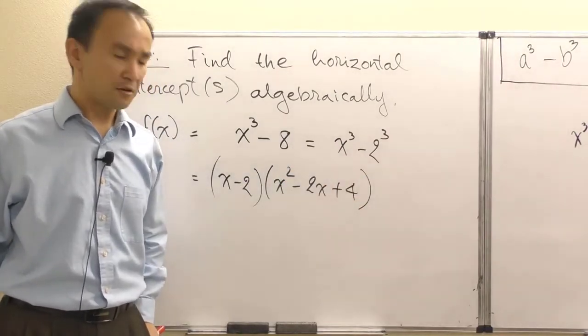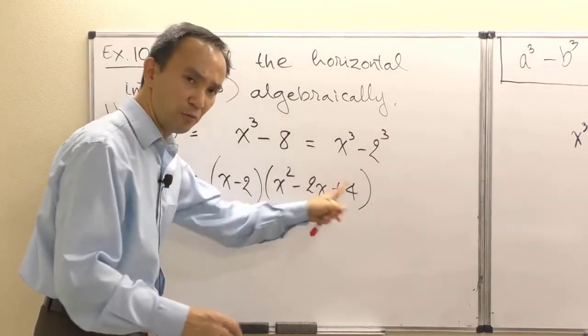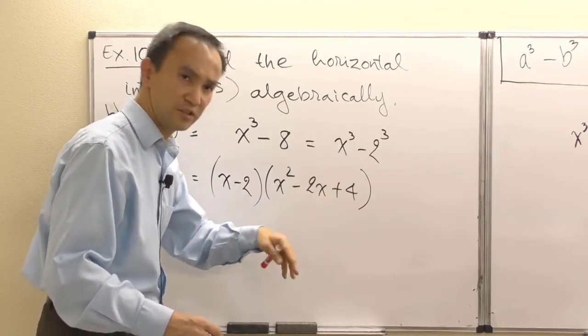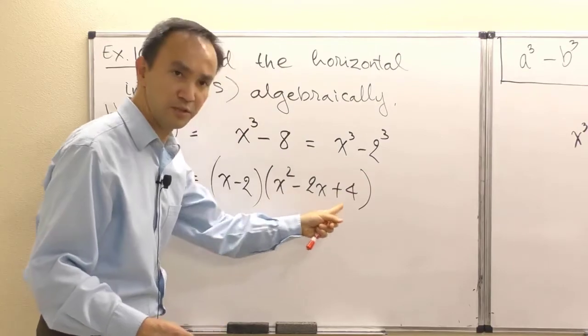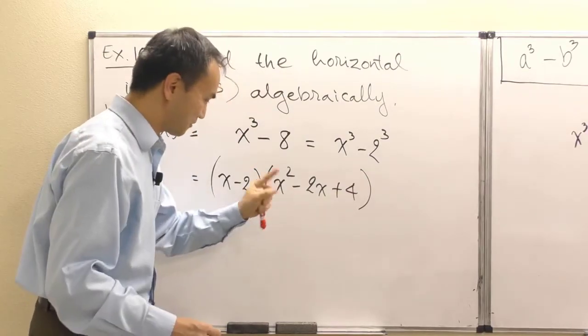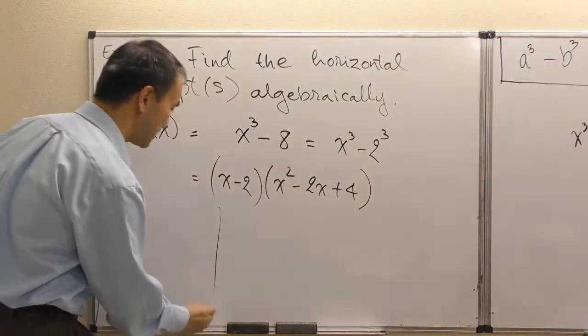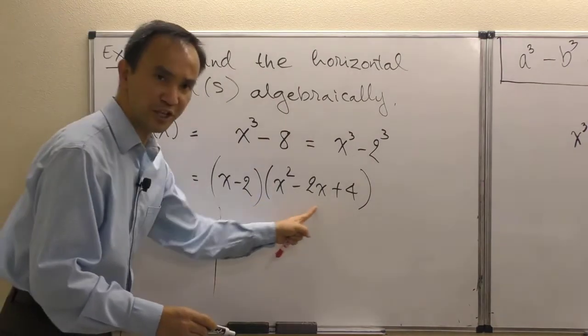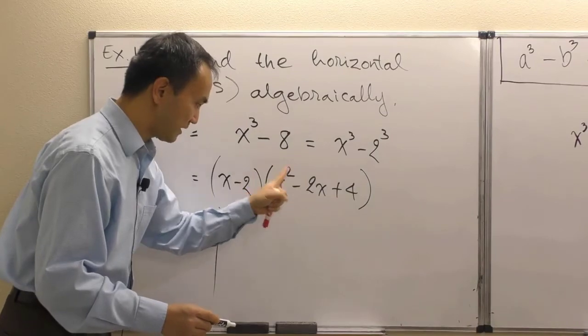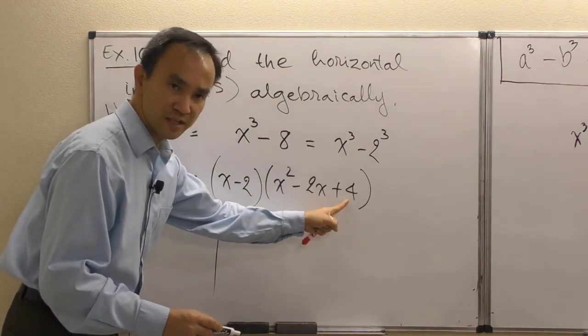Before we attempt doing that, you can even spend a few attempts and experience for yourself that we're going to fail. So let's quickly check with b squared minus 4ac. For this particular quadratic, a is 1, b is minus 2, c is 4.